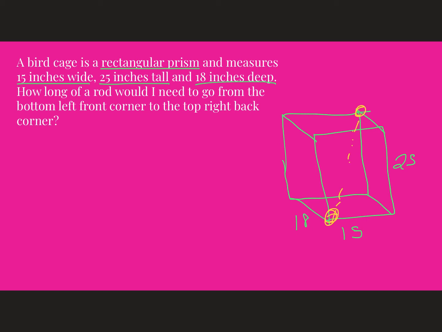Well, in order to figure that out, I'm going to use my Pythagorean theorem. However, first, I need to figure out this distance here. So that distance is made from this rectangle right here. So that rectangle right there is 18 by 15. So 18 squared plus 15 squared equals that bottom. I'll say x squared in this case.